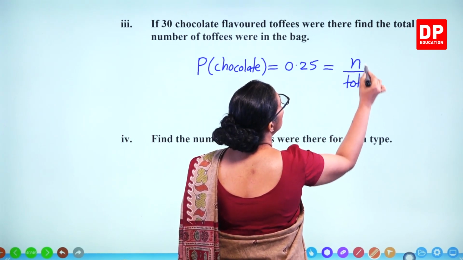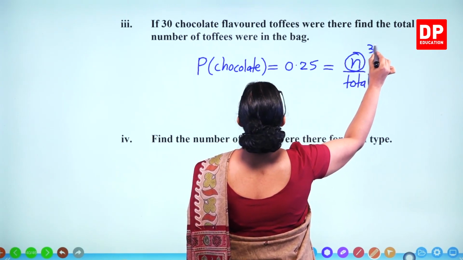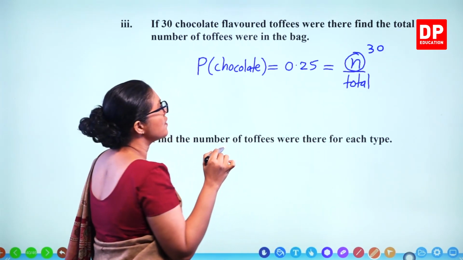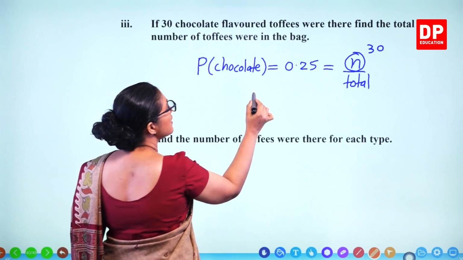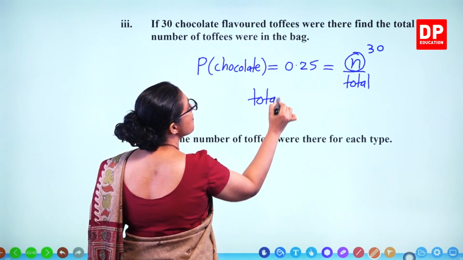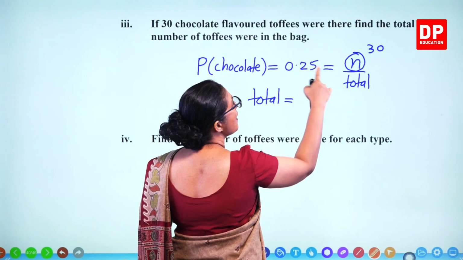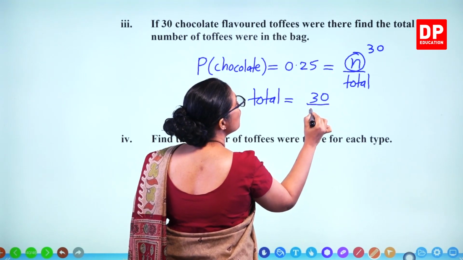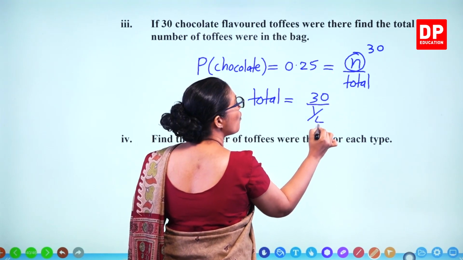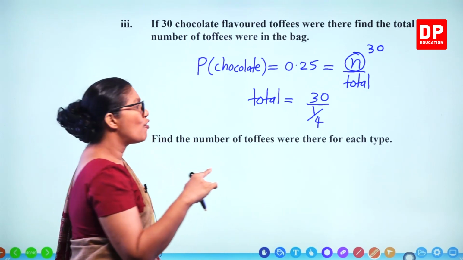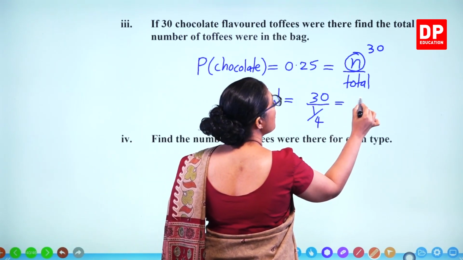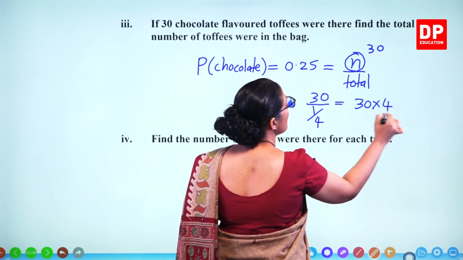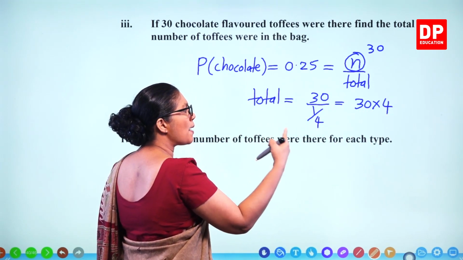But we know this is 30 now. 30 chocolate flavored toffees are there. So what's the total? Total becomes 30 divided by 0.25, or we can write 1 over 4. 30 divided by 1 over 4 means 30 multiplied by 4 over 1.